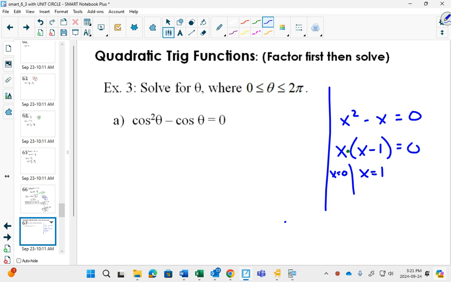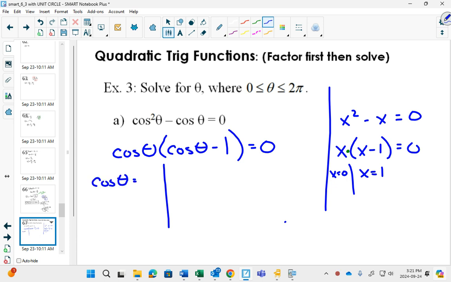So now that we have trigonometry, it's the same thing. I have a cos theta in common. If I factor it out, I'd be left with cos theta minus 1, which means either this cos theta is equal to 0, or this cos theta is equal to 1. Is cos theta ever 0?